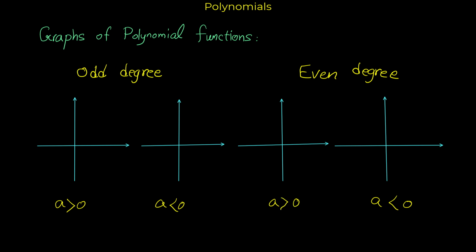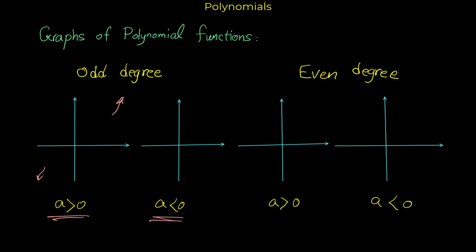Any polynomial function is odd degree or even degree. If it is odd degree, the two ends of the polynomial are going in opposite directions. Odd degree, opposite direction. If the leading coefficient, a is the leading coefficient here, is positive, the left end is going to negative infinity in the third quadrant, and the right end is going to positive infinity in the first quadrant.